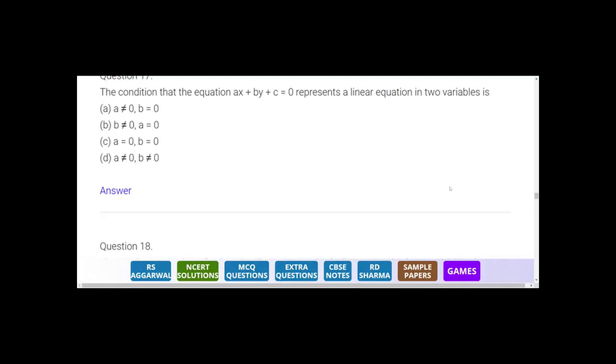Option A, A not equal to 0, B equal to 0. Ma'am, it should be option D. Both A and B should not be 0. If they are 0, x and y will not be there. So it will not be an equation in two variables.